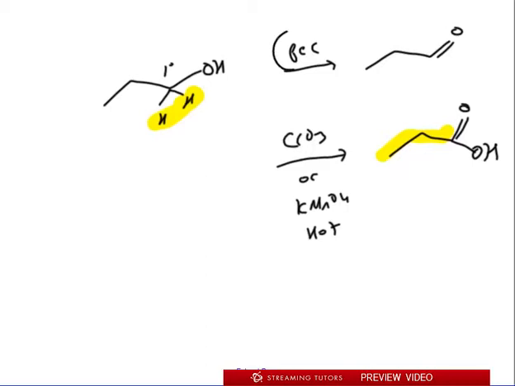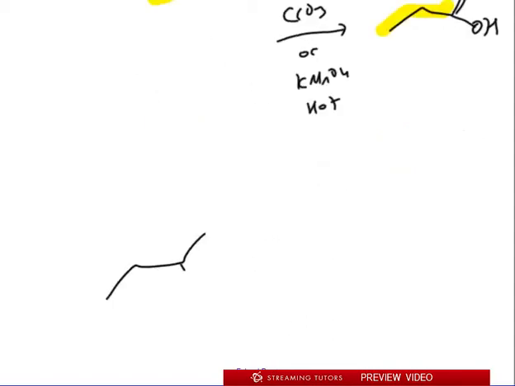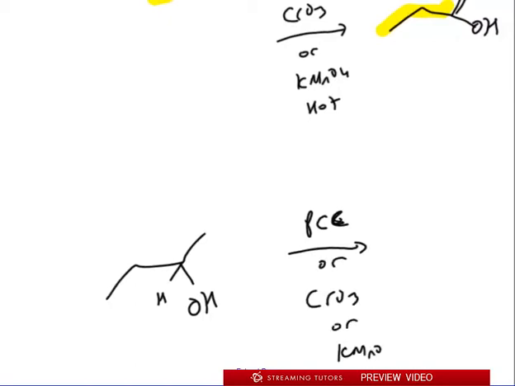So PCC, no matter what, is going to become partially oxidized. Now let me show you the same example. If I have an alcohol like this, and it has one H on it, it doesn't matter. PCC or CrO3 or KMnO4, it doesn't make a difference. They all just become double bond O.